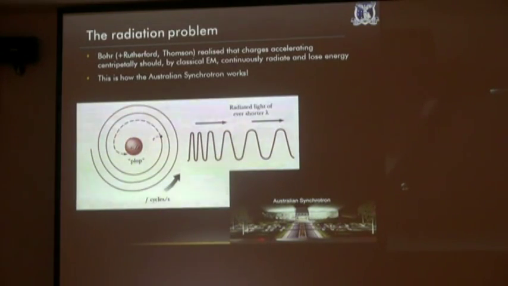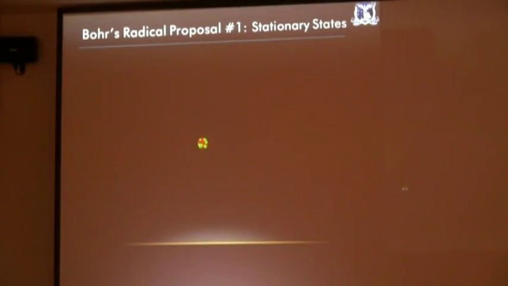And indeed, that's how the Australian synchrotron works. It's got electrons orbiting inside this big ring at very close to the speed of light, and the acceleration as the electrons pass through special magnets causes them to radiate very vigorously, very bright X-ray radiation. So Bohr had to solve this problem. And this is how he solved it.